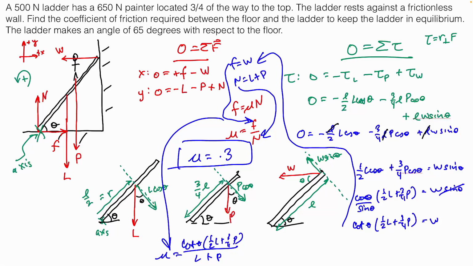Let's see, the tangent of 0 is 0, isn't it? But the cotangent of 0 is like infinite or something like that? Yeah, because it's the inverse of the tangent, right? So in order to have the coefficient be as small as possible, and why would we want that, well, let's think about it. Let's go this way about it. What happens if the angle is 90 degrees? What's the cotangent of 90?